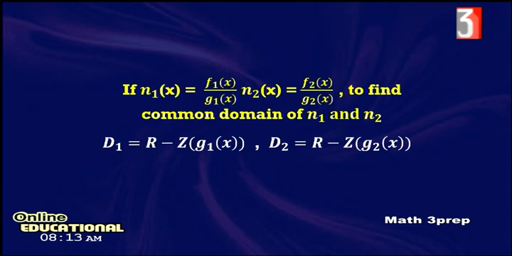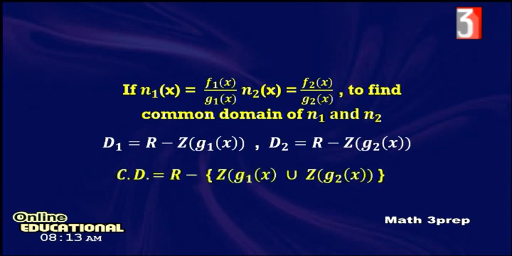And then to find the common domain between them, it is R minus, that's correct, Z of g1 of x union Z of g2 of x. It means R except the set of zeros of g1 of x union the set of zeros of g2 of x.